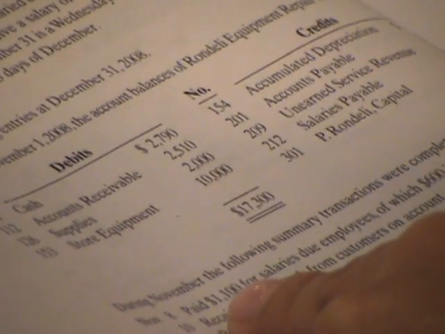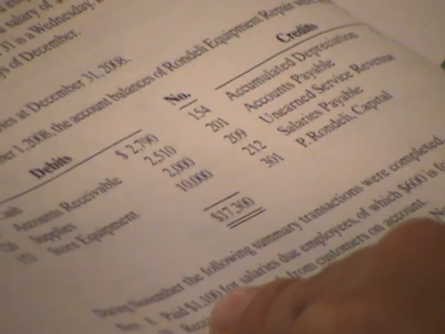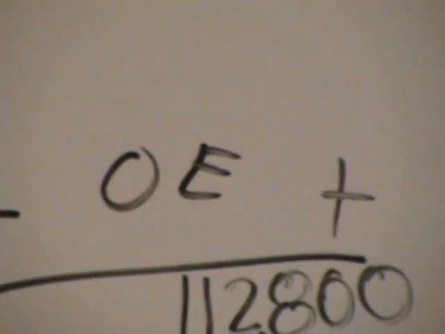So what do you think we should do? We paid. We should credit 1,100 to cash. That's right.